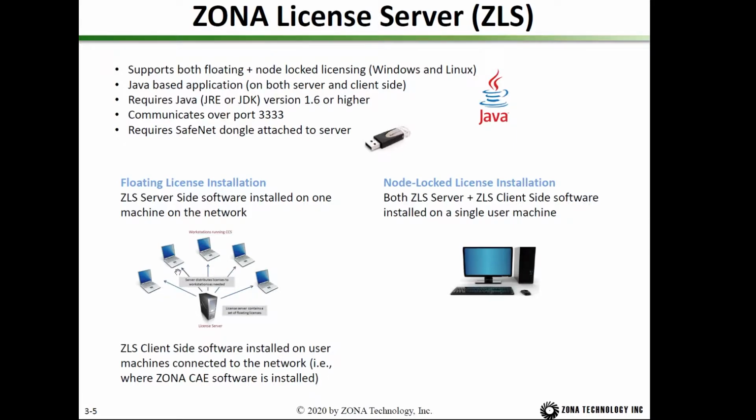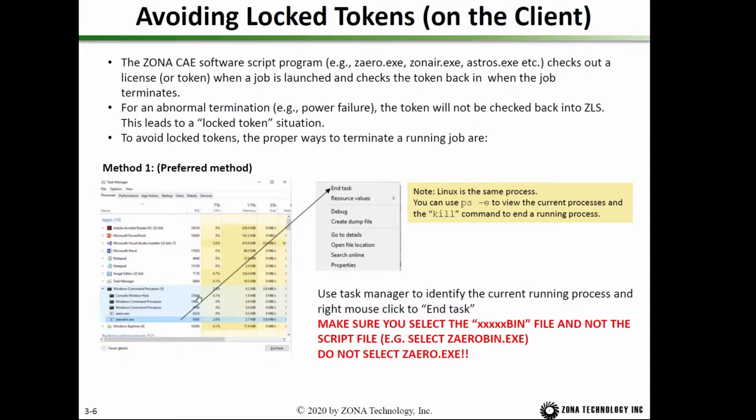After ZONAIR finishes the job, it releases the token back to the server. But sometimes if you have an abnormal termination, for example, a power failure, you will have a so-called lock token problem.